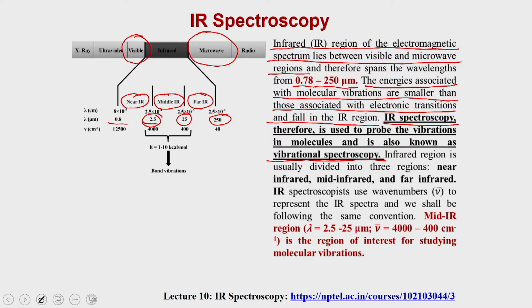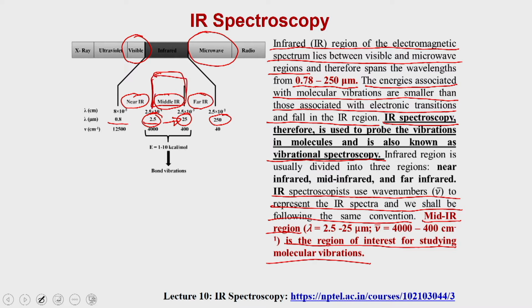IR spectroscopy normally uses the wave number to represent the IR spectra, and we shall be following the same convention. The mid IR region, which is this region from 2.5 to 25 micrometer, is the region of interest for studying molecular vibrations.